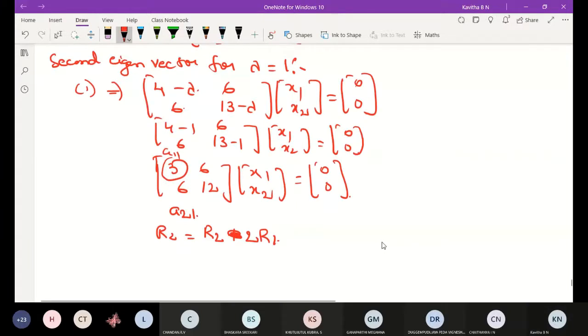Then the first row write down as is: 3, 6. Do it and tell me the answer here.